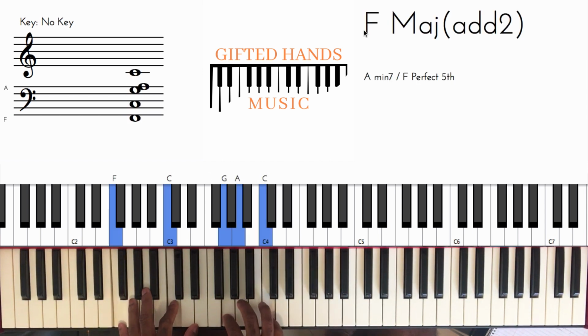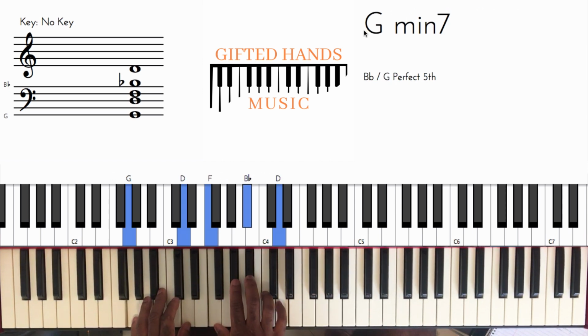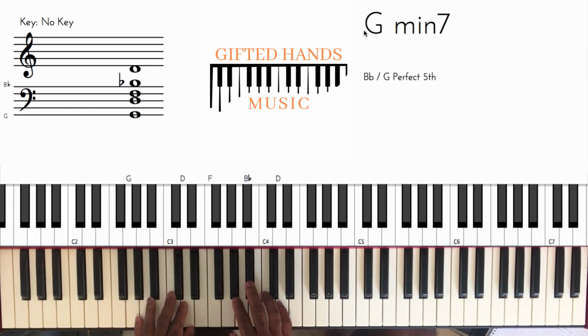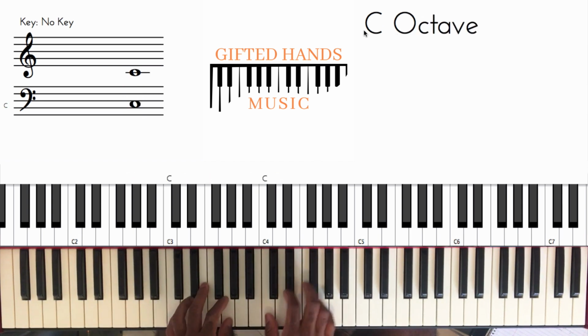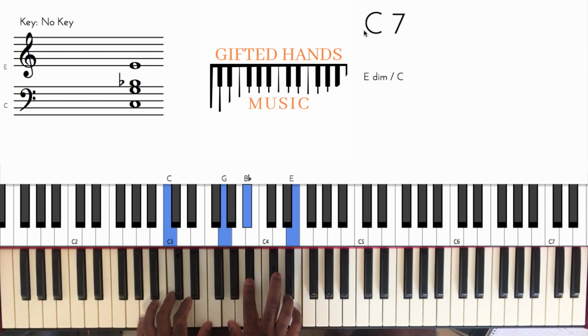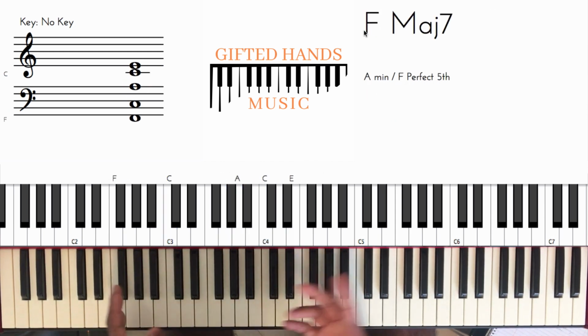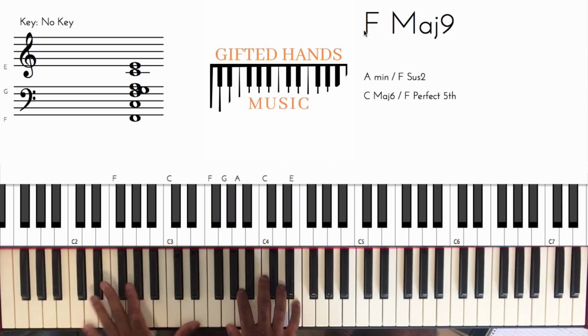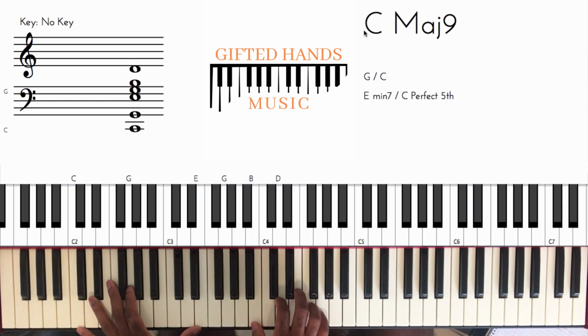If F is my temporary home key, then the 2-5 of F major is G minor, which is the 2, and then the 5 of F is C. So we're doing a 2-5 in F, or of F, because F is our target tone. But we're still in the key of C.